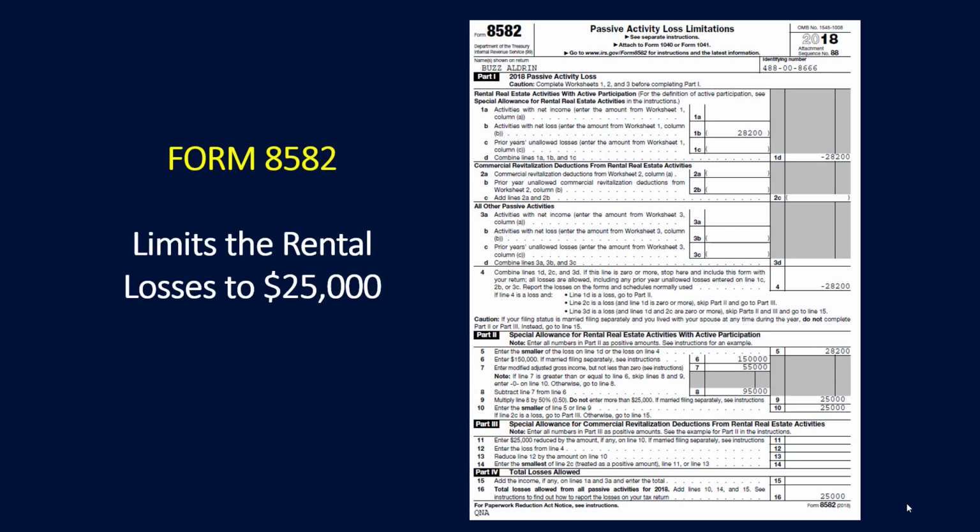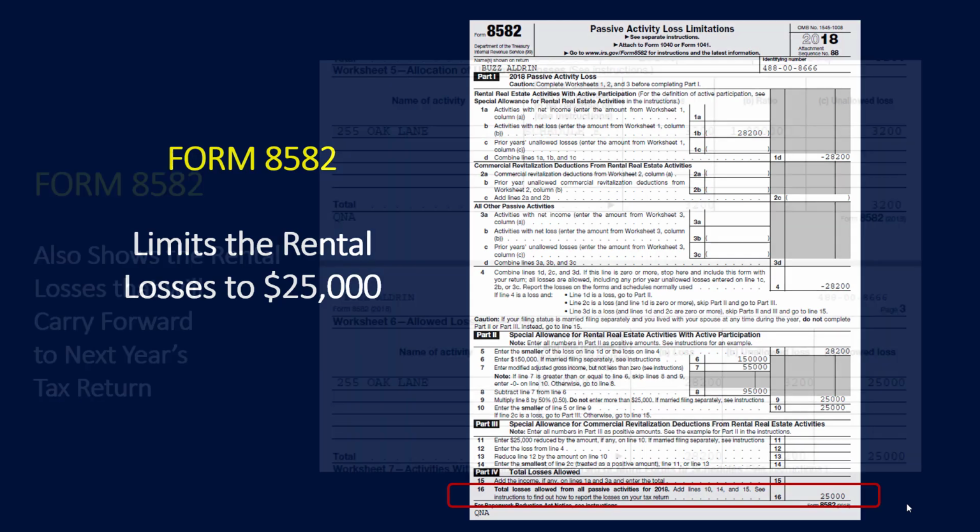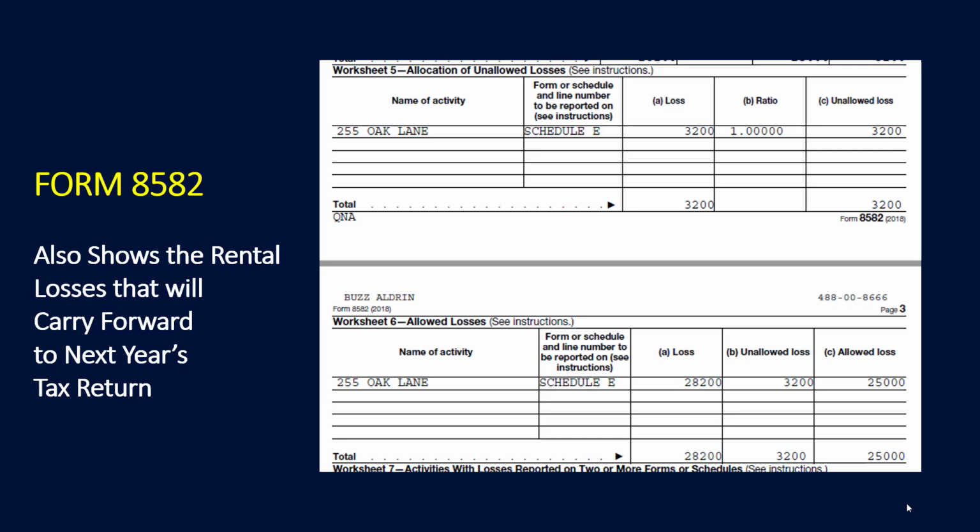And here's an example of the Form 8582 for our client, Buzz Aldrin, and we see that on the form, the rental loss is limited to the $25,000 for 2018. The 8582 also shows the rental losses that will carry forward to next year's tax return in the unallowed loss column.